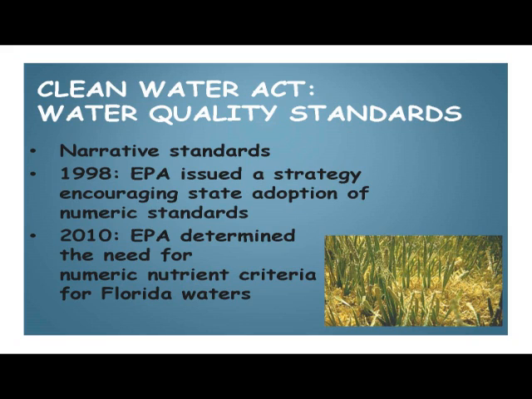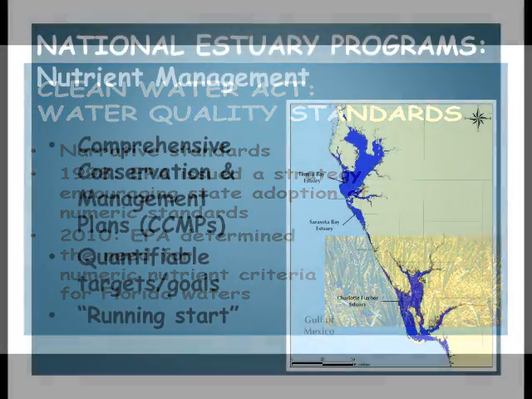In 2010, the EPA determined that numeric nutrient criteria were necessary, and this was promulgated by some legal suit that was filed. This whole process took place, for better or worse, for quicker or longer, in the context of legal arrangement with the feds, litigants, and the state. So all this is going on under a very strict timeline in Florida that's promulgated by this lawsuit.